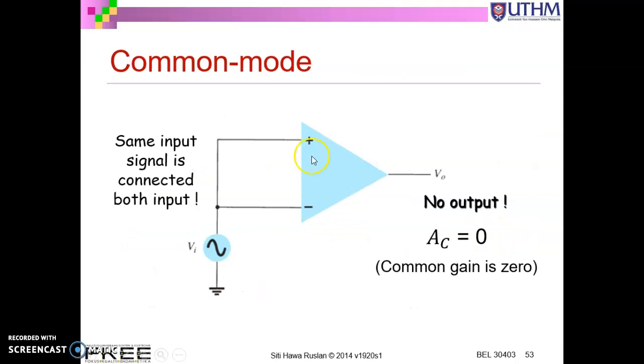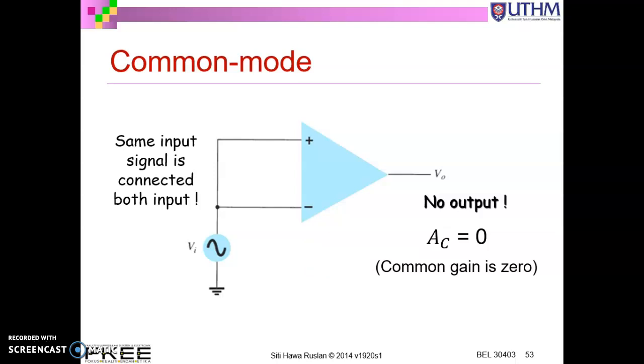And the last thing is the common mode, where we have just one signal, but this signal is applied to both inputs, positive terminal and negative terminal, and you'll get no output. This is the common mode gain, which is the one that you want to reject. If you remember in your analog circuit, you learned about the differential amplifier.